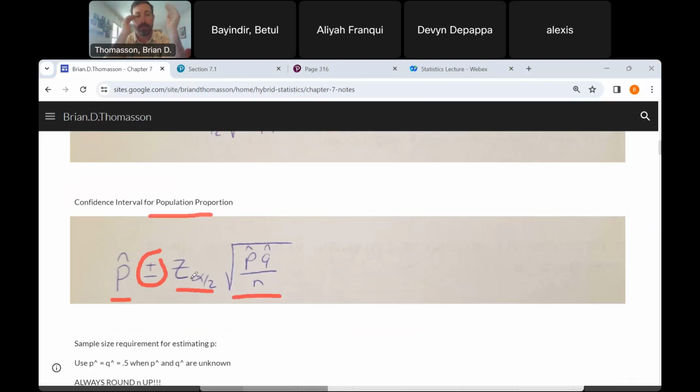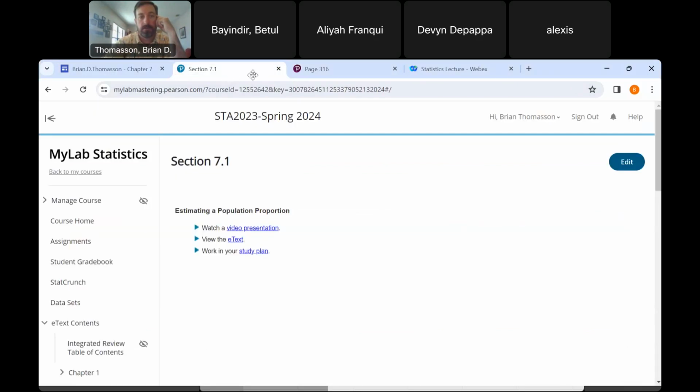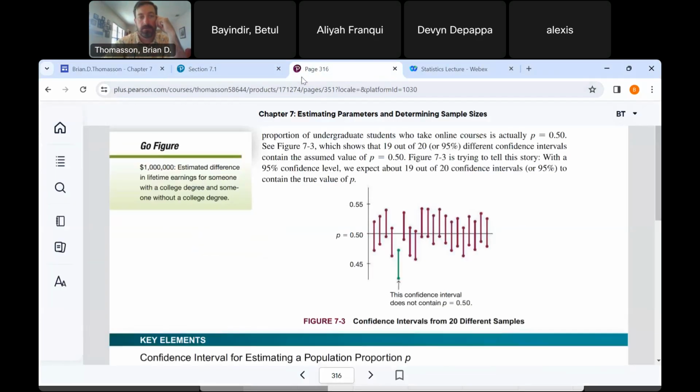All right, now let me go up here and see. Okay, so this is a page out of the book. And in this figure, we can kind of understand what we're trying to do and how this works.